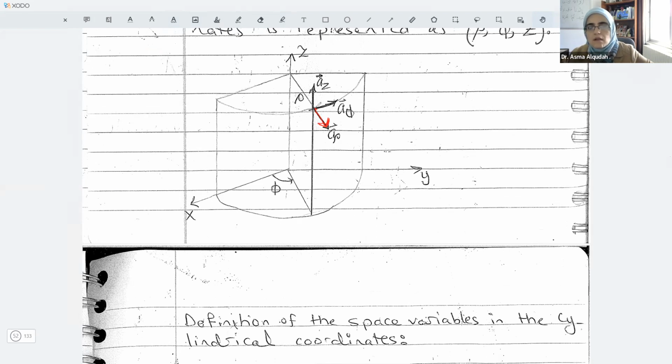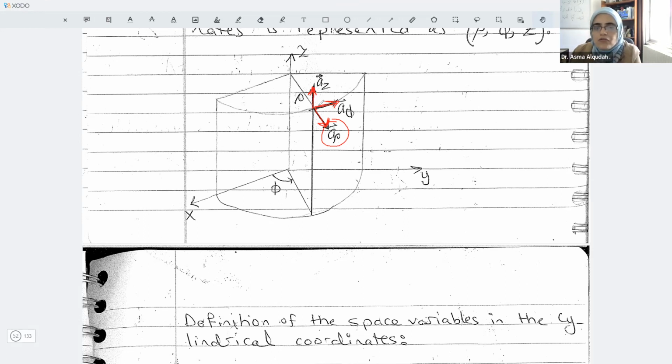It goes in the direction along rho, and it has a unity magnitude. The same holds for the unit vector a sub phi. It goes in the direction of the progress of the angle phi, and a sub z is in the direction of the z-axis. Okay, the positive z-axis.